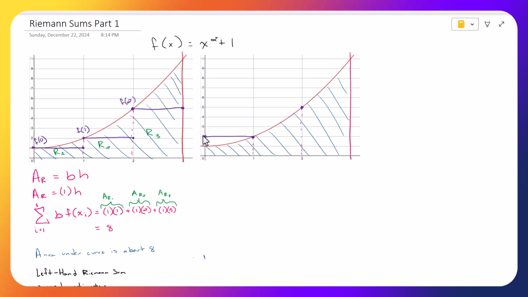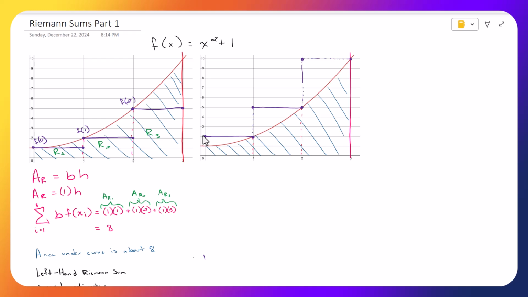And then I'm going to start at 3 and draw my rectangle. And hopefully you can sort of see what's happening here in terms of overestimate and underestimate. But let's go ahead and calculate the area under this curve.